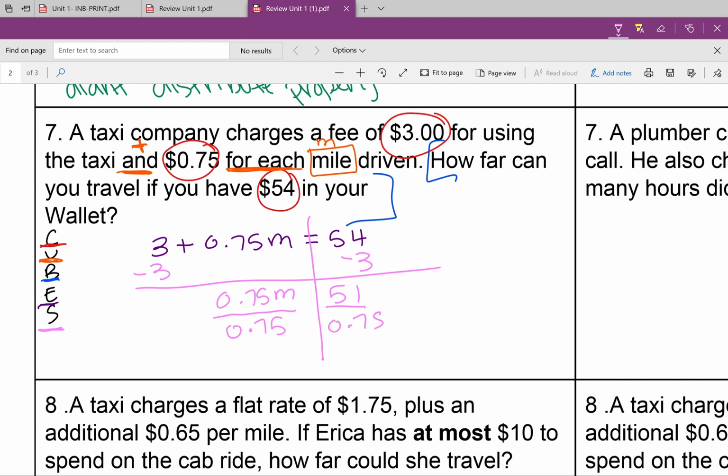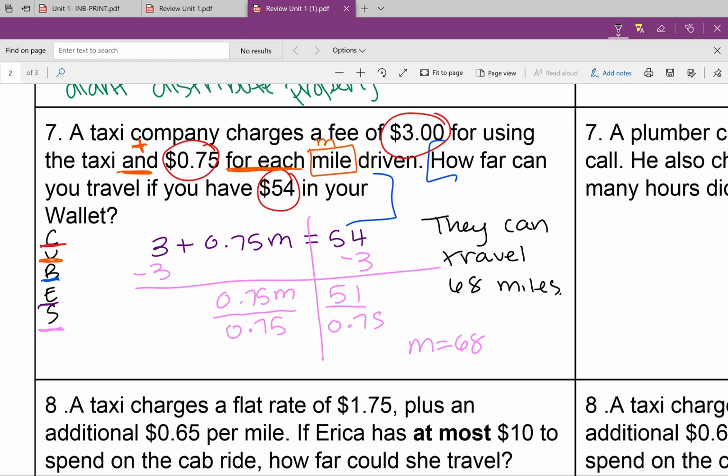So 51 divided by 0.75 is 68. So I'm left with M equals 68. Remember, my last step is to write a sentence. So my sentence is going to be that they can travel 68 miles.